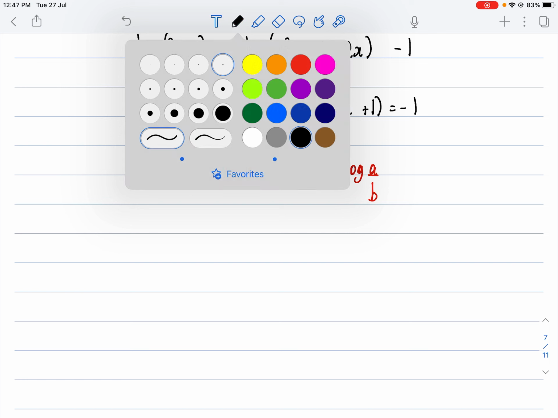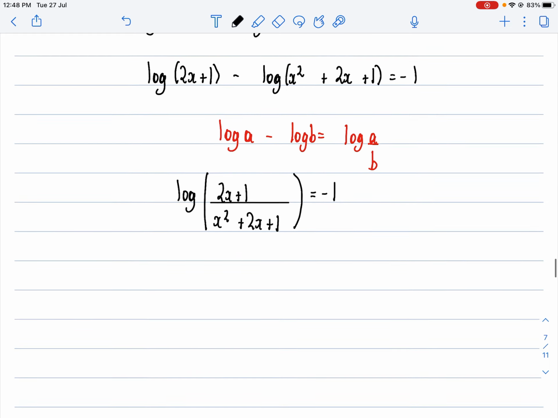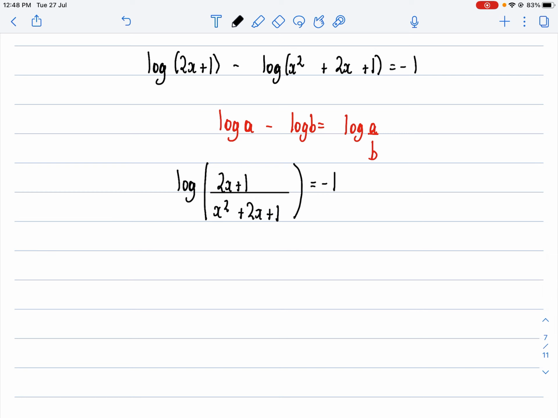So I can simply write this as log of 2x plus 1, which is simply divided by x square plus 2x plus 1, which is equal to minus 1 here. Correct? This is what I basically have.